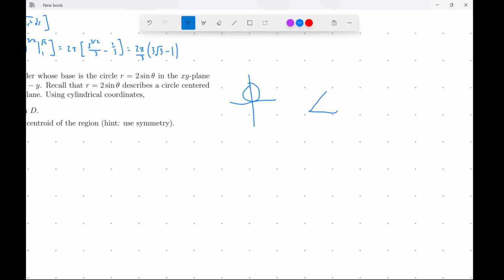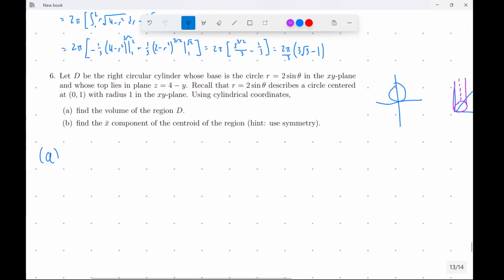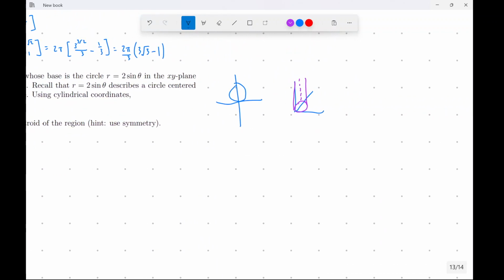And so what to imagine is we have this cylinder, I'll draw it in purple, over here, and it goes up until we get to the plane z equals 4 minus y. So that'll point downward in this direction.